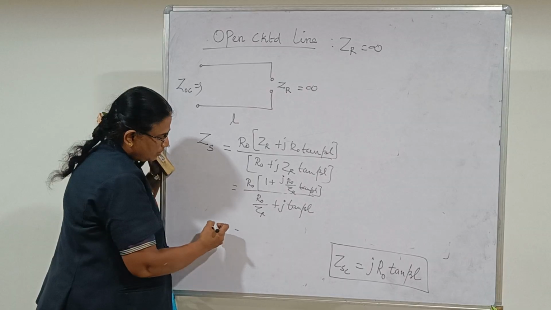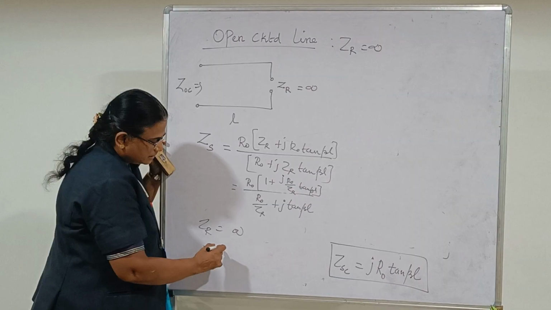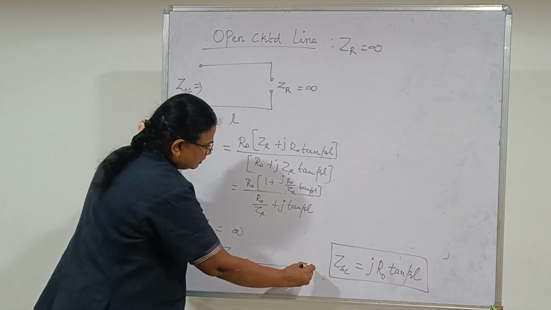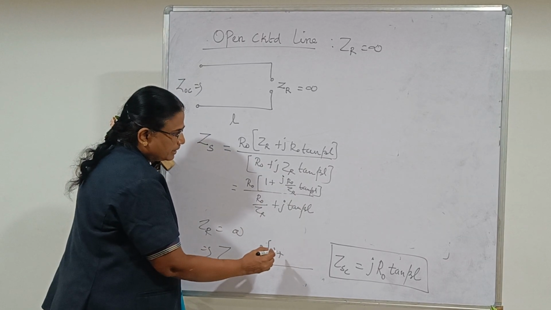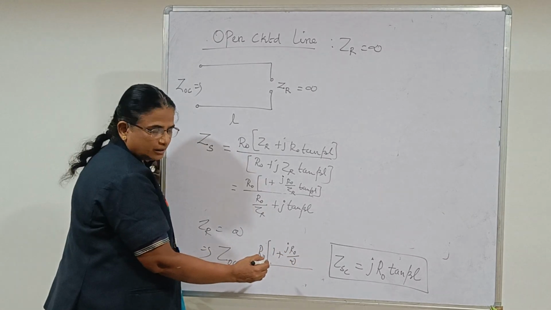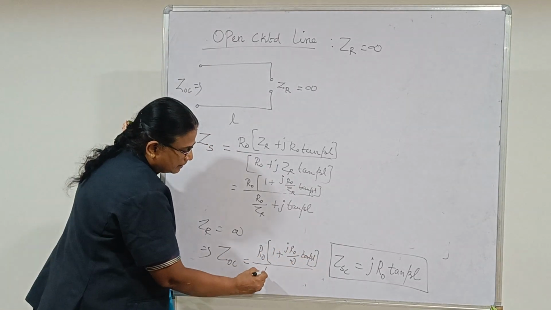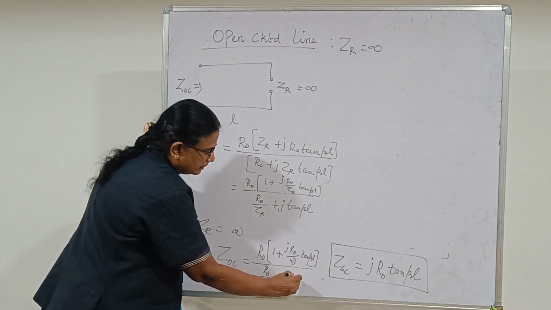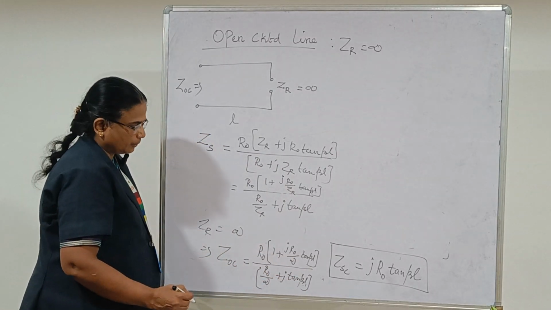So therefore, now you substitute ZR equal to infinity. So this implies ZOC is equal to R0 into 1 plus J R0 by infinity into tan beta L by R0 by infinity plus J tan beta L. So R0 by infinity is 0.